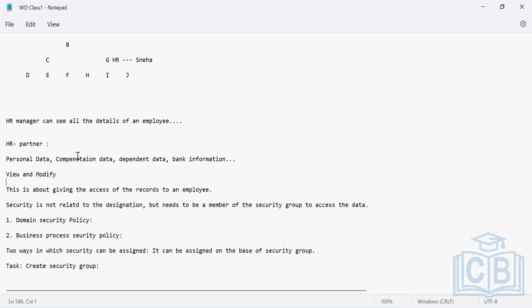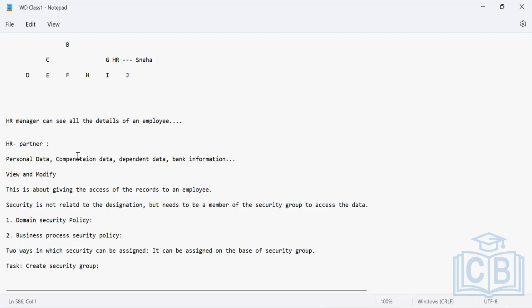And when you give permissions in Workday, as I stated, the permissions are given on security groups. There are only two types of permissions related to data security: view and modify. You don't have any other permission.